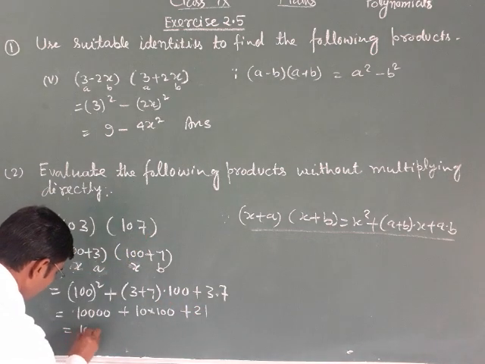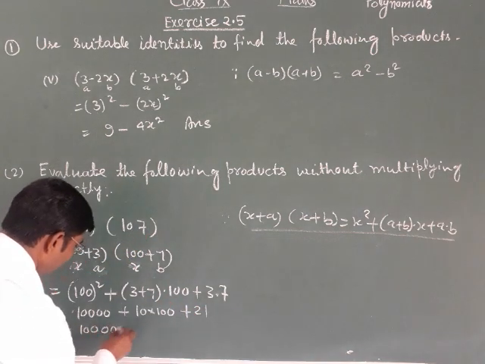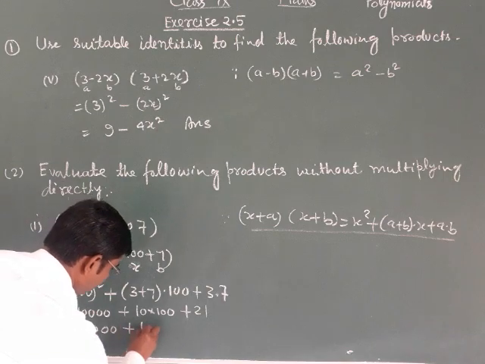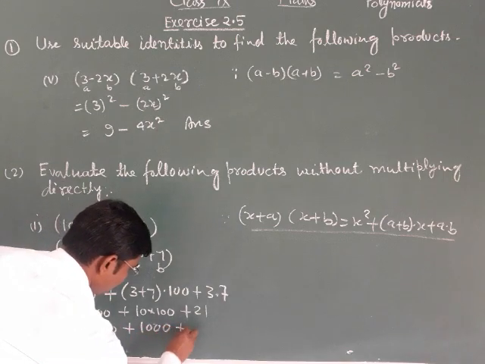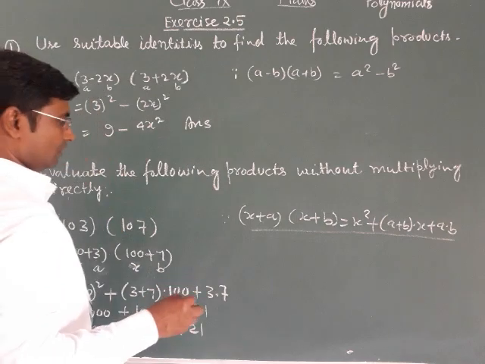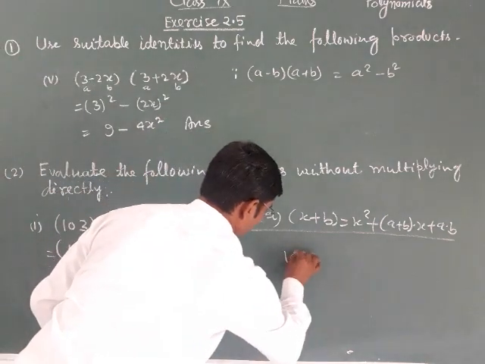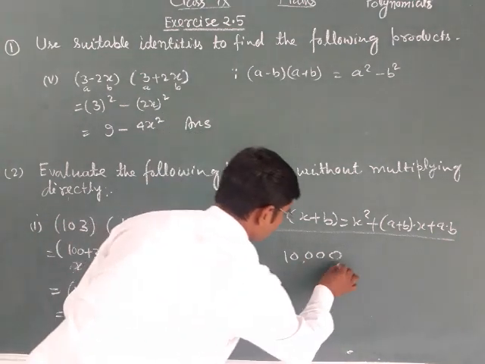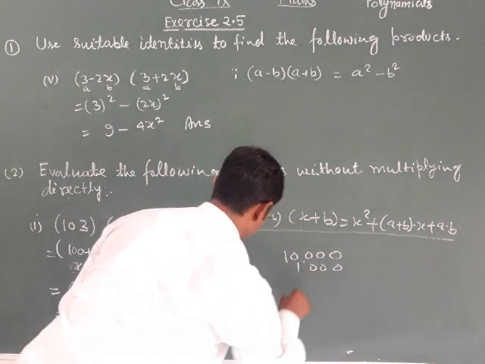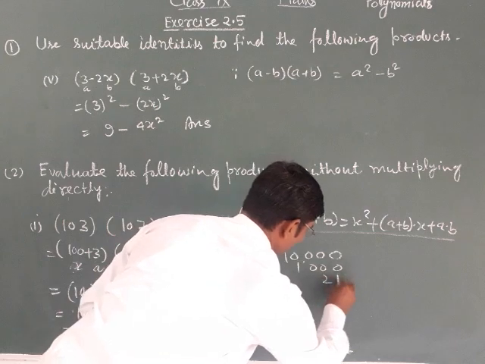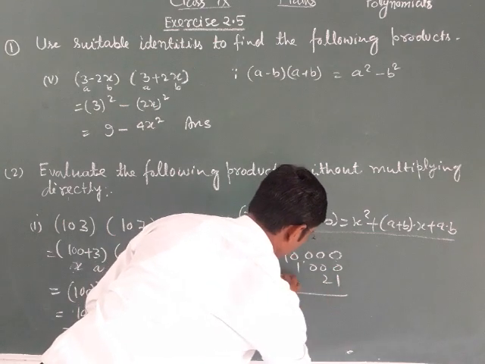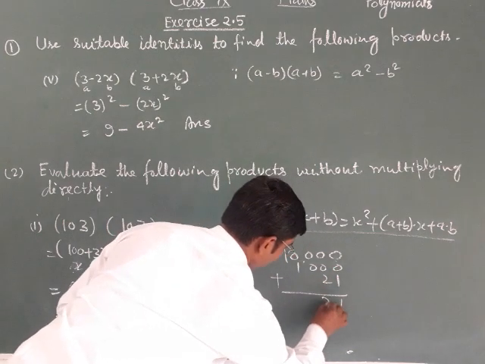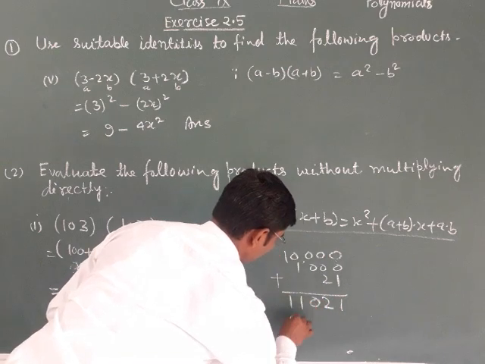So 10,000 and plus 1,000 and plus 21. Now solve: 10,000 and 1,000 gives 11,000, and 21, so 11,021.